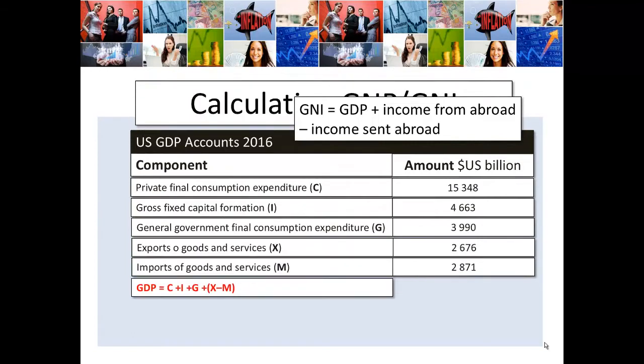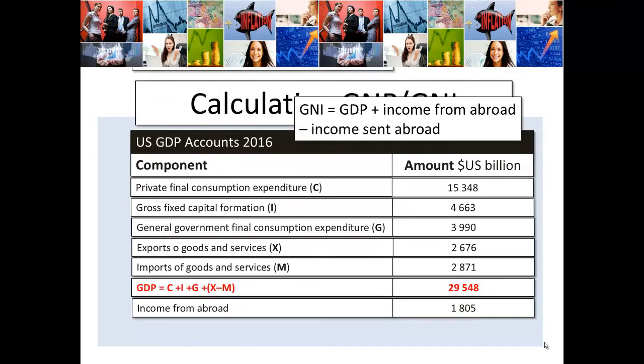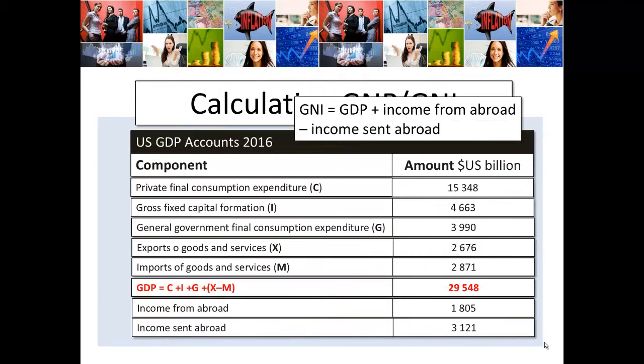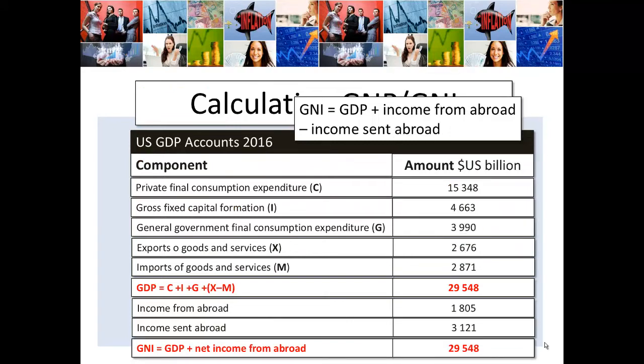Add up our C plus I plus G plus X minus M, give us our GDP figure, and then we simply find our net income sent from abroad. Income from abroad is added, income sent abroad is subtracted, and a final GNI figure, GDP plus net income from abroad, is 29.548 trillion US dollars.